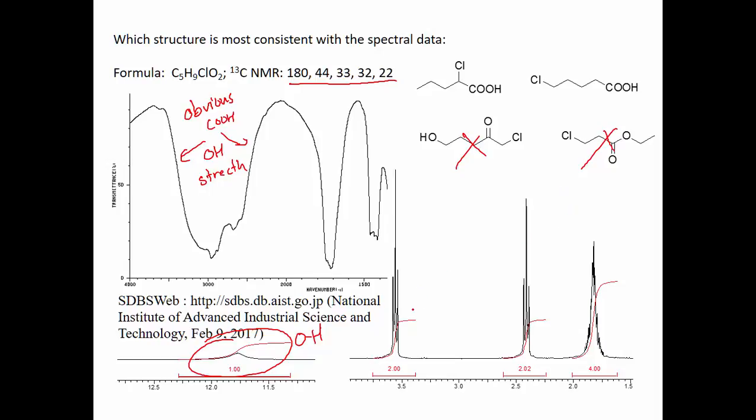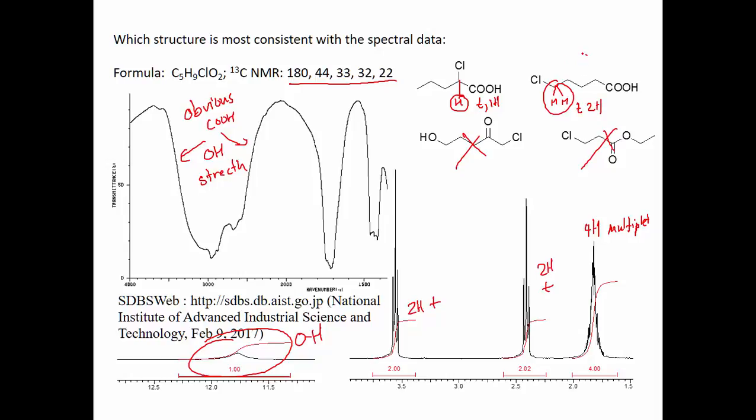All right, so when we look at the coupling pattern, it's 2 hydrogens triplet, 2 hydrogens a triplet, and 4 hydrogens a multiplet. All right, so if you look at the uniquely high chemical shift here, this would be a triplet 1 hydrogen. This would be a triplet 2 hydrogens.